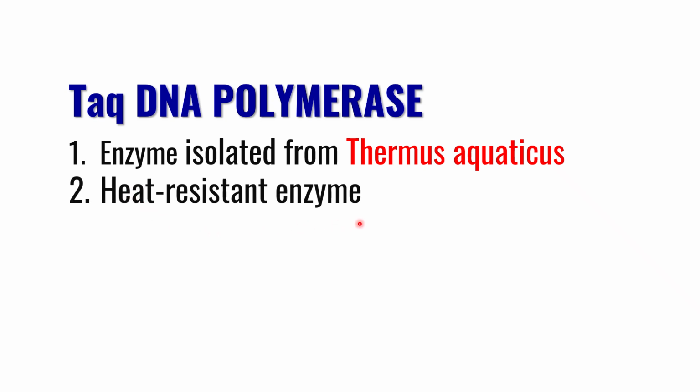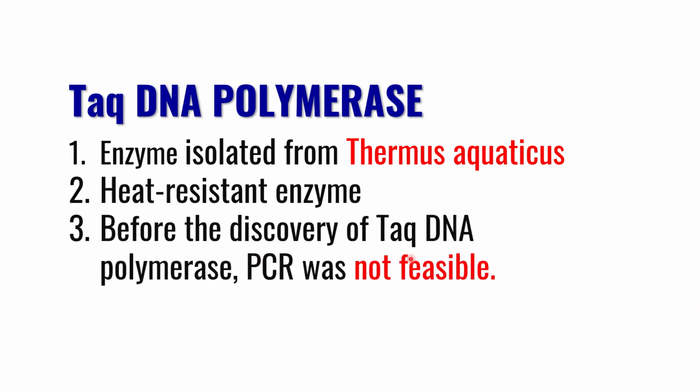You will notice that in PCR there is a denaturation step, and no enzyme can survive heating at 90 or above degrees centigrade. Therefore, you need a heat-resistant enzyme, and before the discovery of Taq DNA polymerase, PCR was not practically feasible. So these are 3 points about Taq DNA polymerase you should remember.